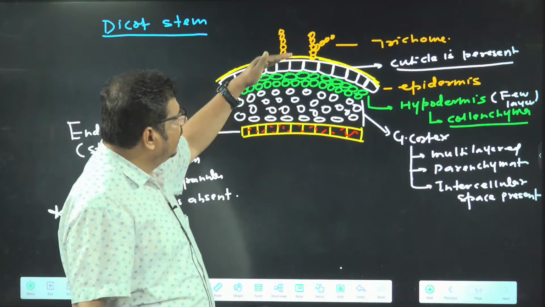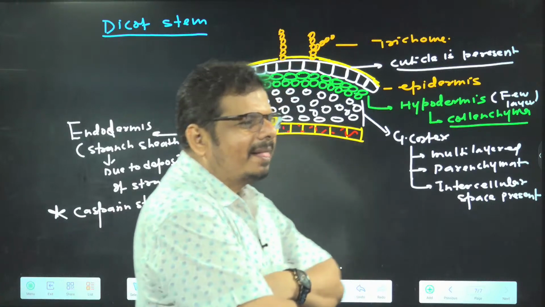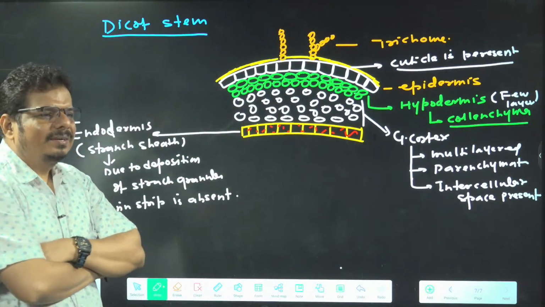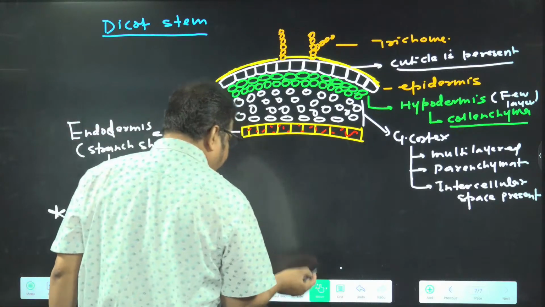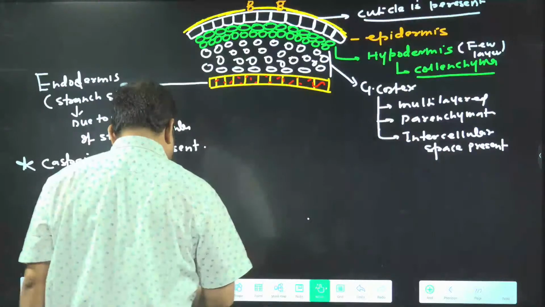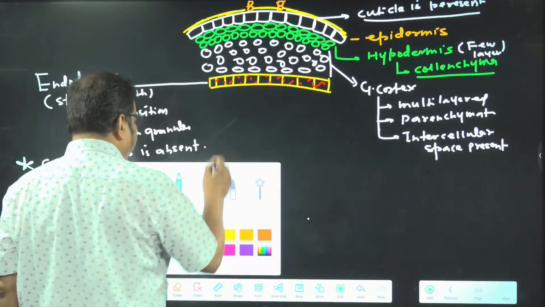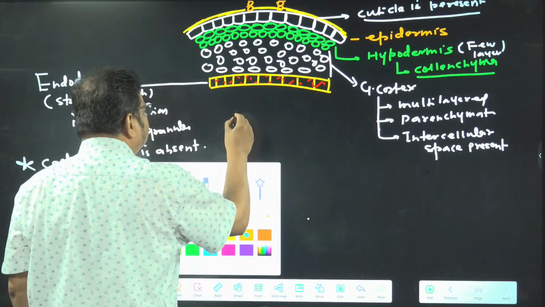This region I drew here is the extrastelar region. Agree or not? Now we are drawing the stelar region here. First I am drawing the vascular tissue.